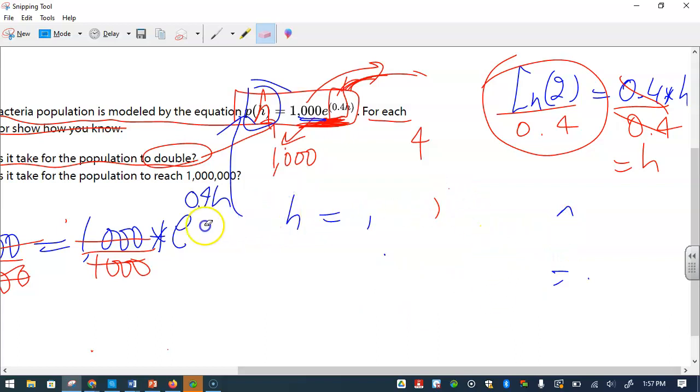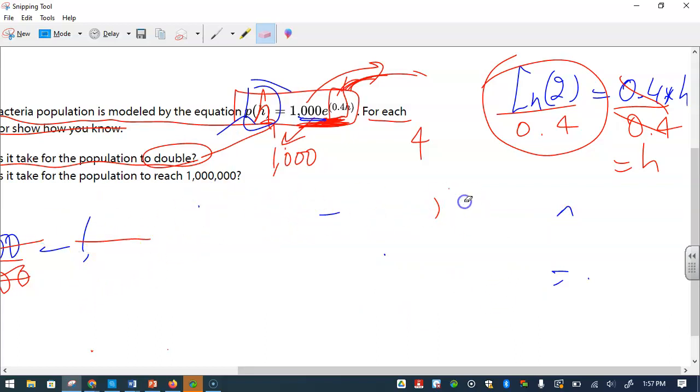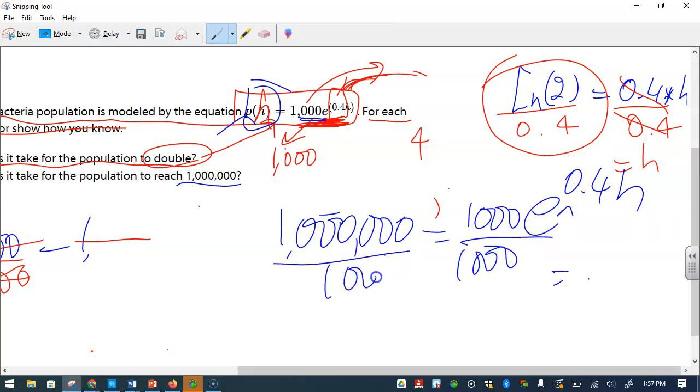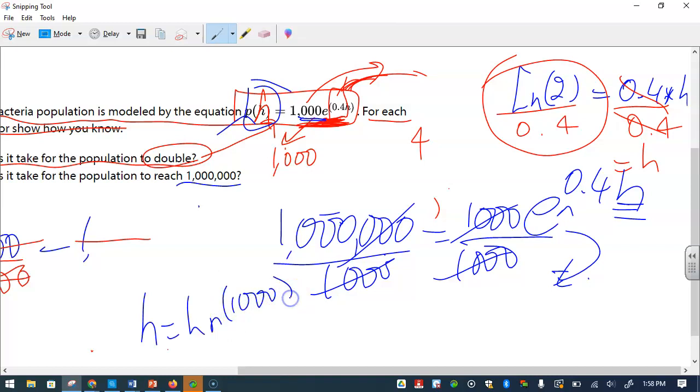So when will it be 1 million, right? So you put 1 million equals 1000 e to the power 0.4h, and this time you divide by 1000, and this goes away, and all the steps remain the same like what we did earlier. The only change is that h will be ln of 1000 divided by 0.4, and this is what you put in the calculator, and we can find out.